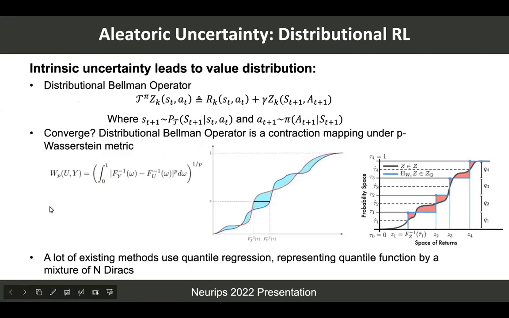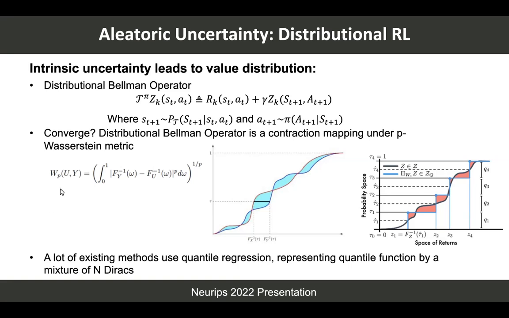Here I want to give more details on distributional reinforcement learning if you are interested. One problem is whether it converges, because we work on distributions. It's no longer just a scalar value.